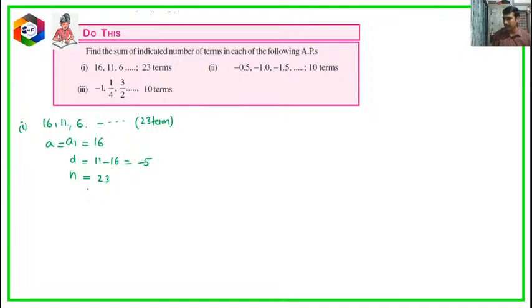Let us calculate it and give the answer. Please children try to respond. Sn is equal to n by 2 into 2a plus n minus 1 into d.